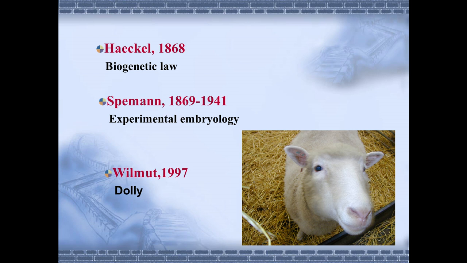And who doesn't know about Dolly? Dolly, who created sensations all around the world, the sheep. It was a clone, in the University of Edinburgh, Scotland. Though it died early as compared to its normal life expectancy due to severe lung diseases and certain other diseases like rheumatoid arthritis. So this is about the development of embryology.